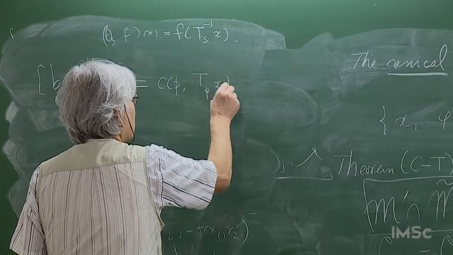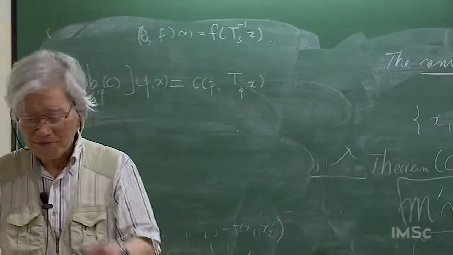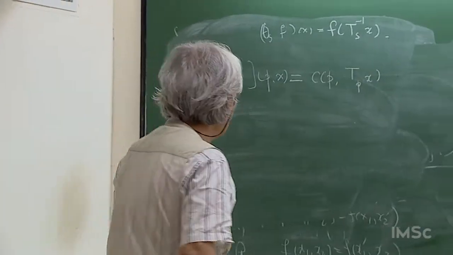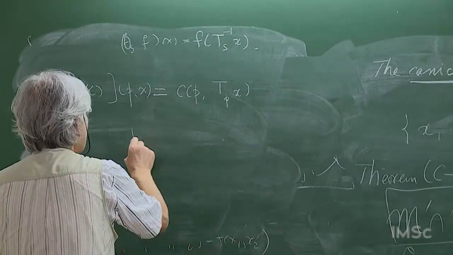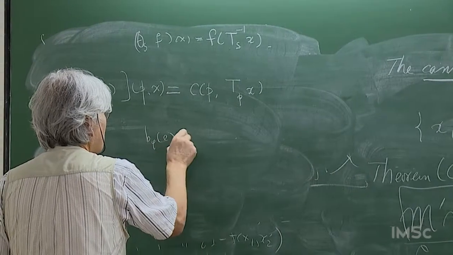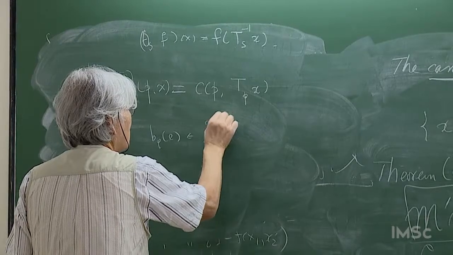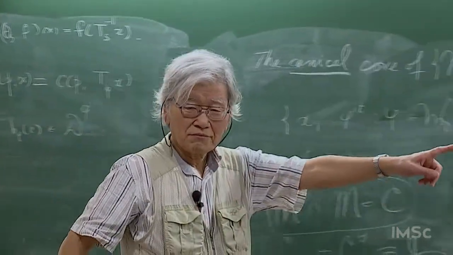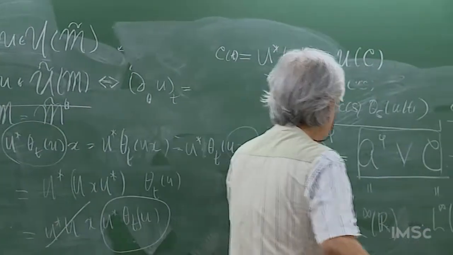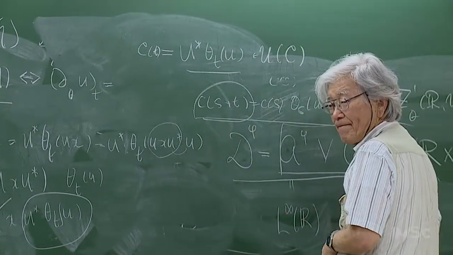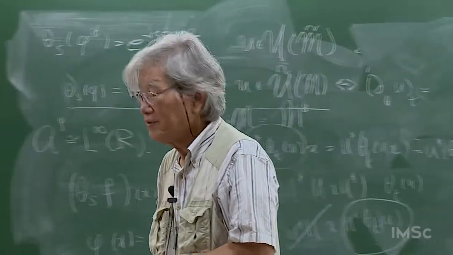I believe this is without inverse, as you cannot have much of a choice of the plus or minus 1. Now, this B phi of C is an element in the phi.